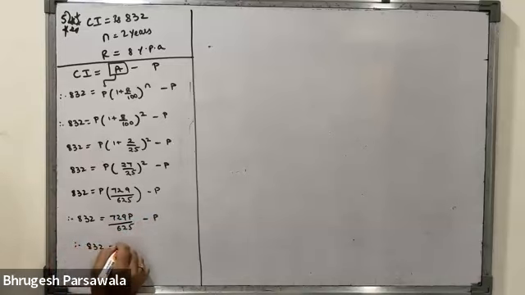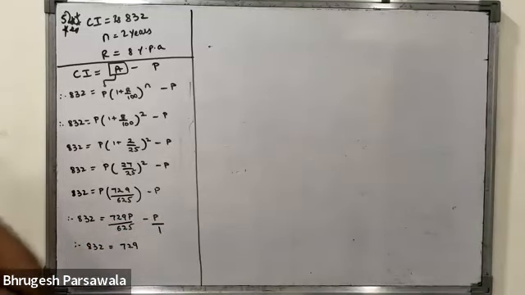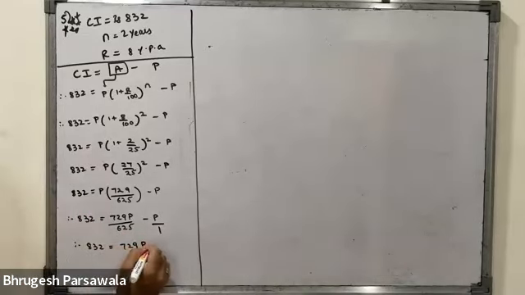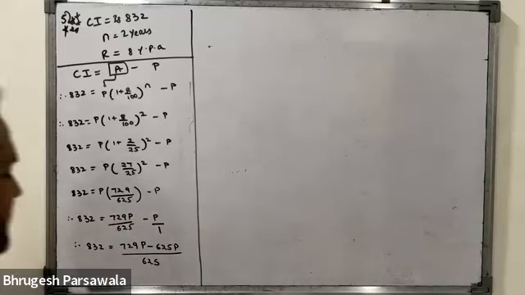LCM. Very good. Many students forget to take LCM and सीधा 625 से multiply कर लेते हैं and then they go wrong. Understood my child? LCM लेना है, 625 से multiply करना है.